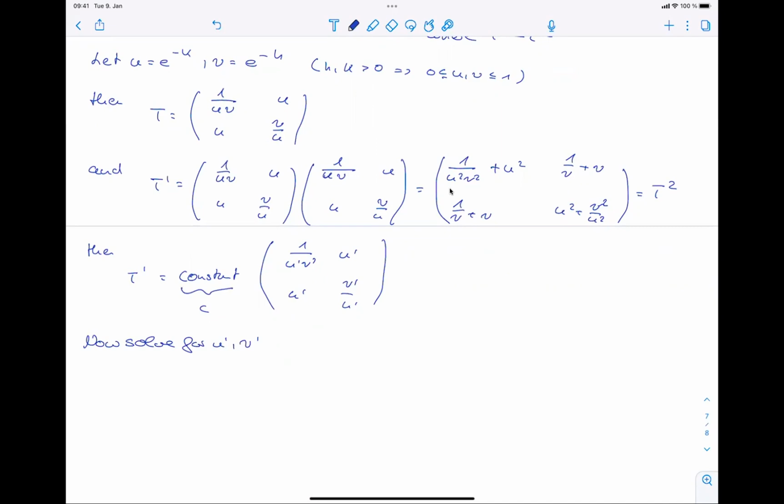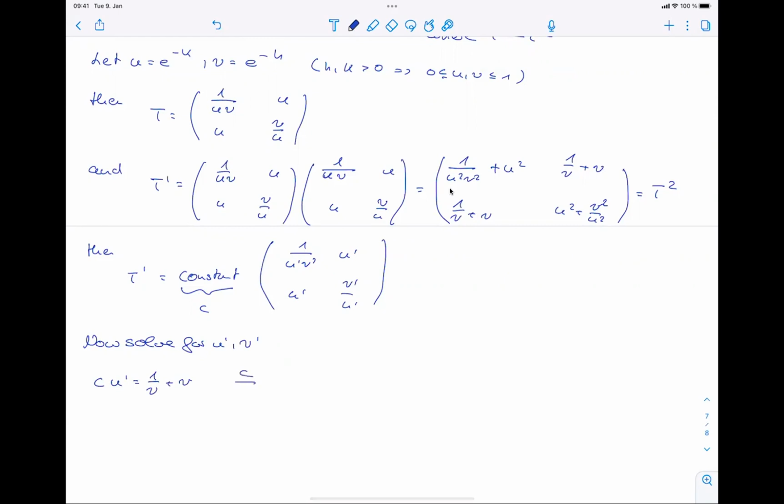And so note, there are 3 independent equations, right? Because it's a symmetric matrix. And we also have 3 unknowns, right? We have u prime, v prime, and the c. So 3 equations, 3 unknowns. This should be a happy ending. And so we have c times u prime is 1 over v plus v.